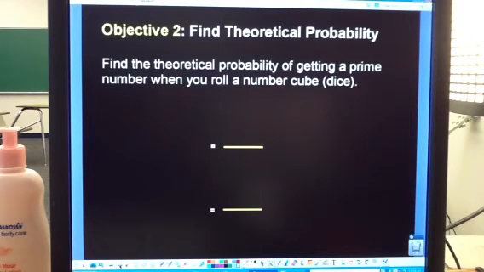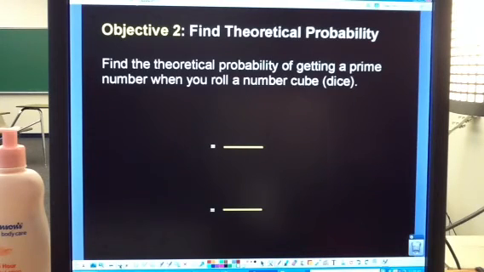Is 4 prime? Think about it. No, 4 is not prime because 4 is divisible by 4 and 1, but it's also divisible by 2. That makes it not prime. 5 is prime. Is 6 prime? Nope, 6 is not prime because we can divide 6 by 6, 1, but also 2 and 3. Okay? 7. 7 is divisible only by 7 and 1, so 7 is prime.